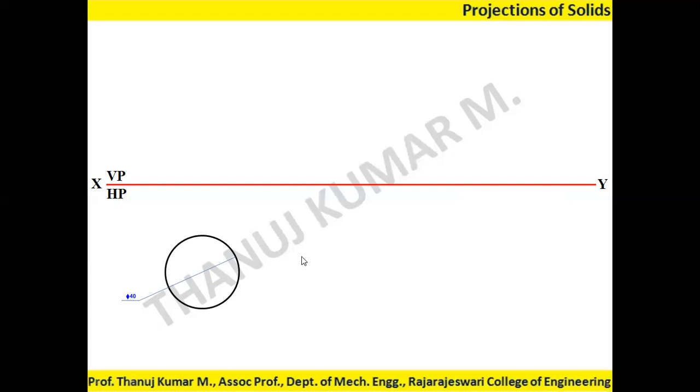After drawing the circle in the top view, you have to draw diameters. 4 diameters you need to draw, so that you can have 8 generators. So here this is 1 diameter, 2 diameter, 3 diameter, and 4 diameters. If you draw 4 diameters, then you can see there are 8 generators.